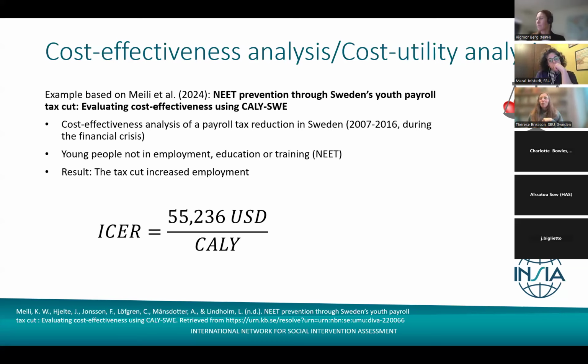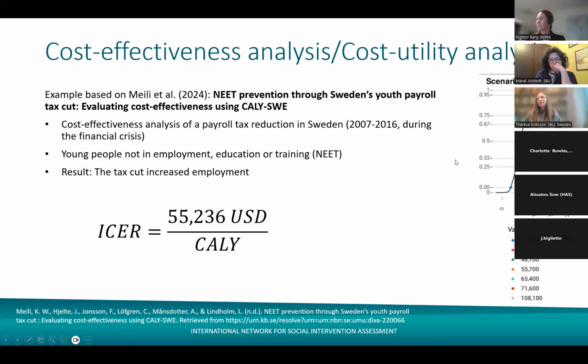And when doing a cost effectiveness analysis, you can also get this cost effectiveness acceptability curve where you can see, for different values per capability adjusted life year, the probability of the intervention being cost effective.